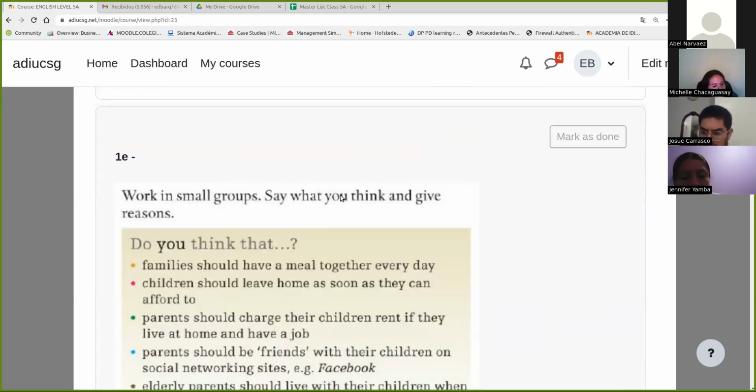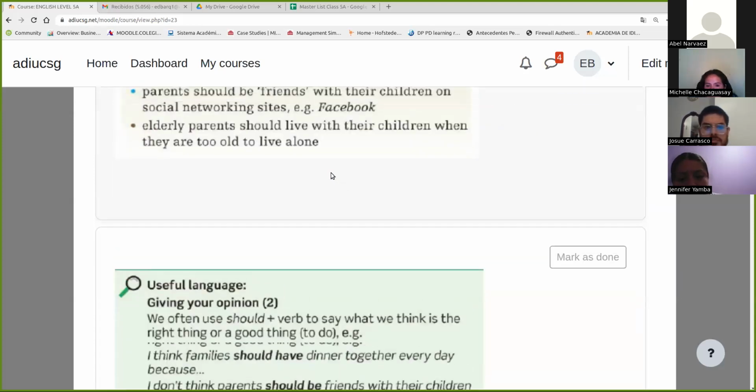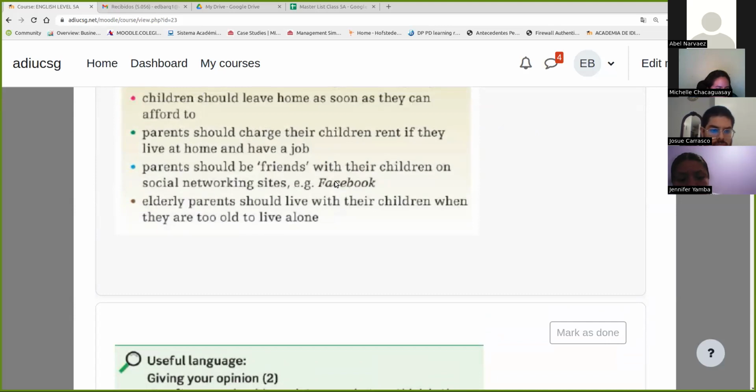Keep in mind this. We're going to move into groups of 2 or 3. And after we finish, I will call you back and you are going to tell me the information of another person, not about yourself. From another person, you say what they believe. Do you have any questions?